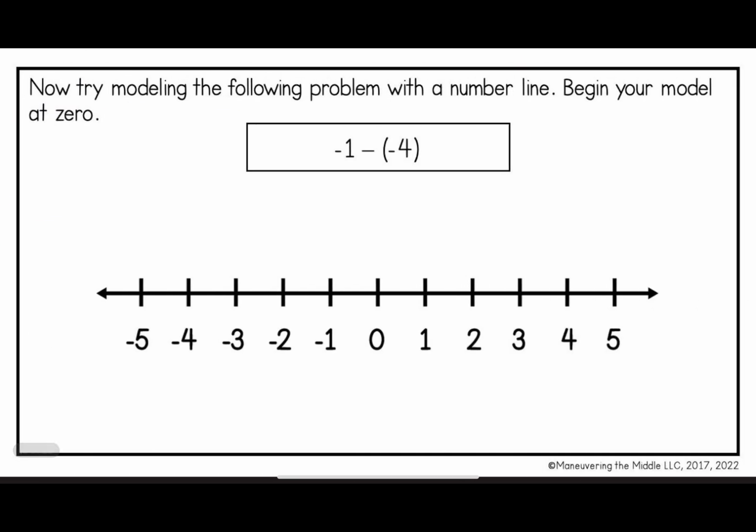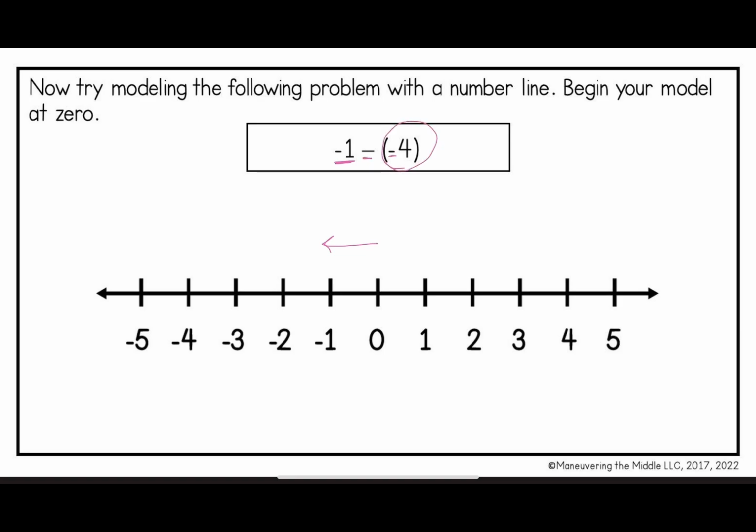Okay, go ahead and draw your arrows for this problem. Okay, so you would have started going left to negative 1. So starting at 0, going to negative 1, and then we are going to do the opposite, because we're subtracting, of negative 4.